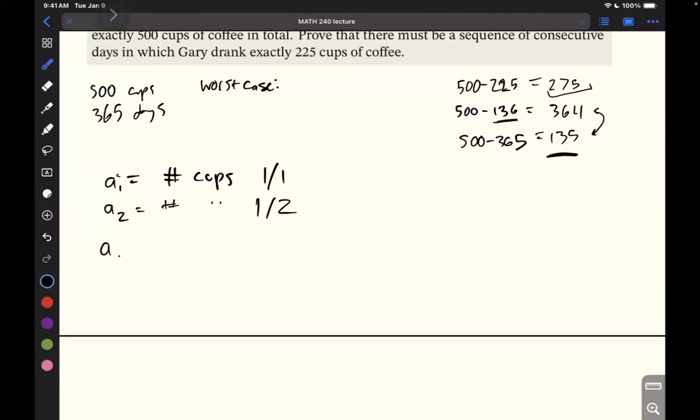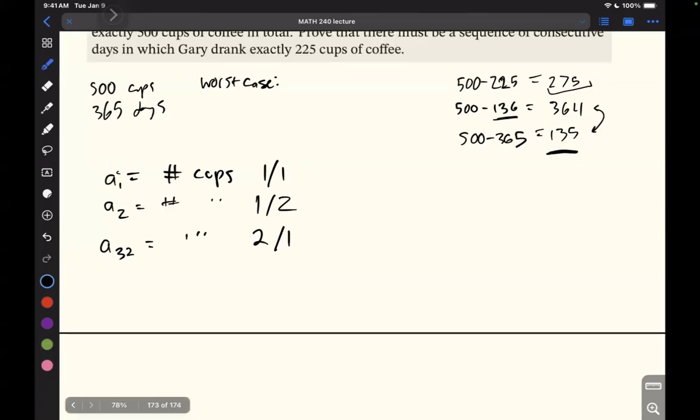January has 31 days, so A32 is the number of cups that he drank up to February 1st, and so on. So he's keeping a running total: he drinks a cup of coffee, okay, now I've drunk 36 cups of coffee this year.